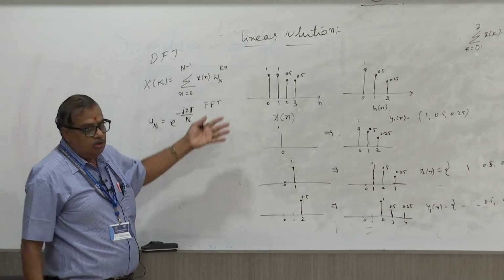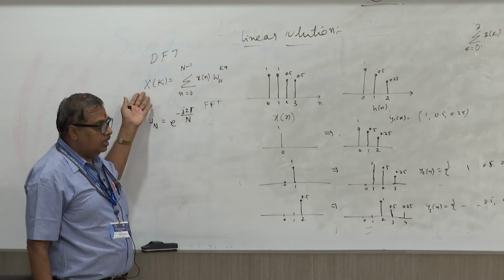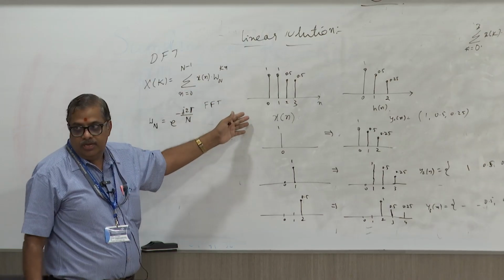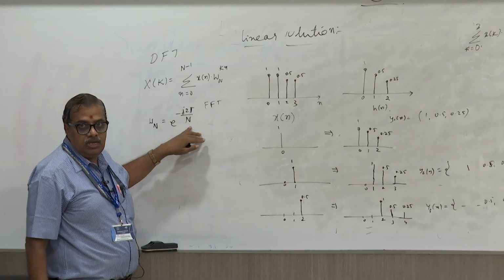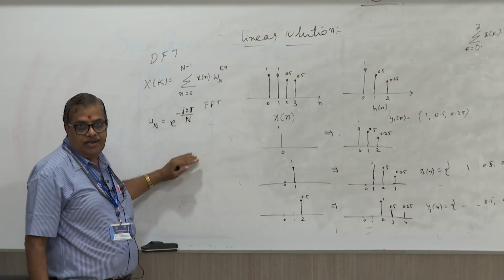The easiest way of carrying out the discrete Fourier transform is, knowing the number of samples, we can reduce it to matrix form.